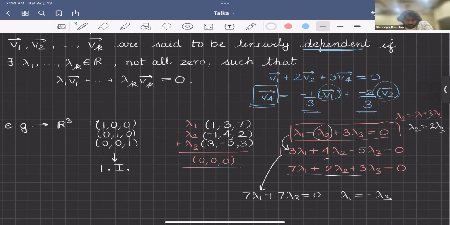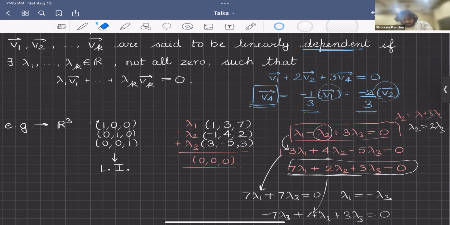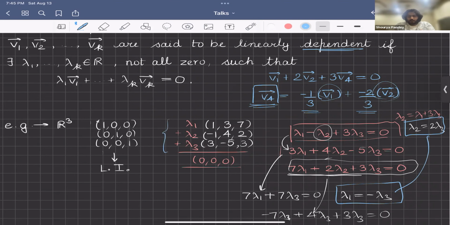Is that right? Yeah. And then this just becomes minus 7 lambda 3 plus 4 lambda 3 plus 3 lambda 3 equal to 0, which is just true. So this and this are enough to make it true. Actually, any lambda 1, lambda 2, lambda 3 that satisfies these two properties makes this true.